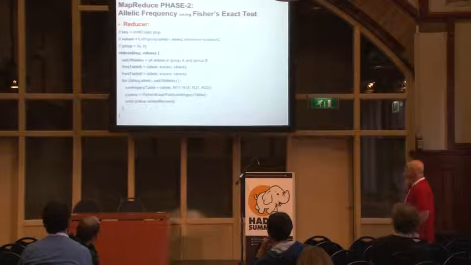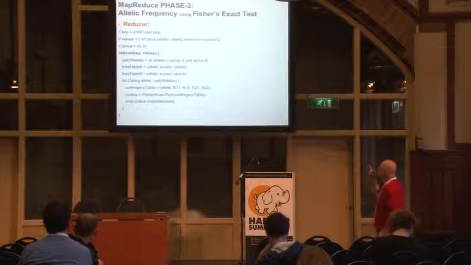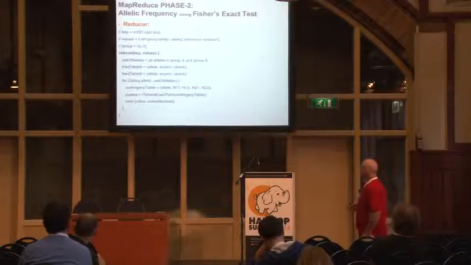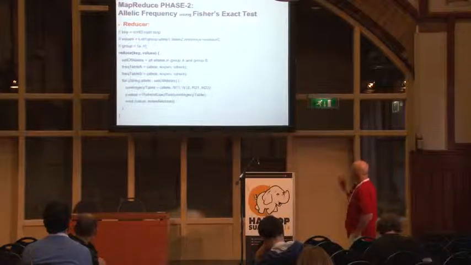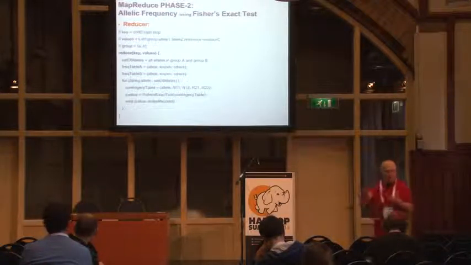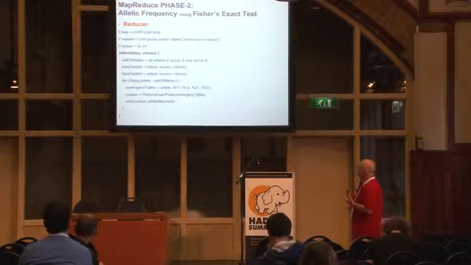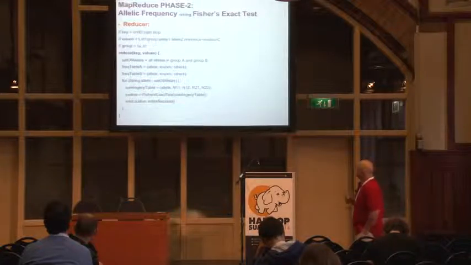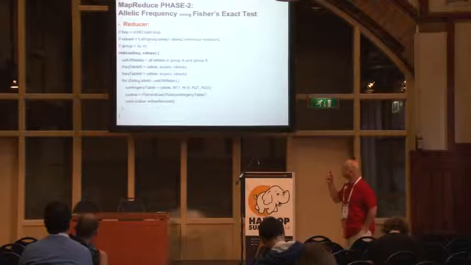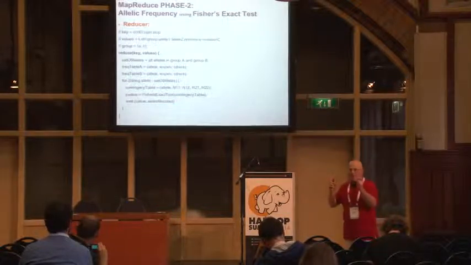And in the reducer, if you look at your key, the values are basically a list of group, allele 1, allele 2, reference, and mutation class. And in the reducer, you set up all of your alleles for the group A and group B, and then find the frequency of table A, and find frequency of table B, and then you find the contingency table for all of your alleles, for that specific chromosome start and stop.